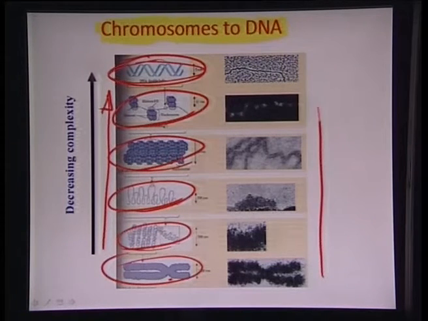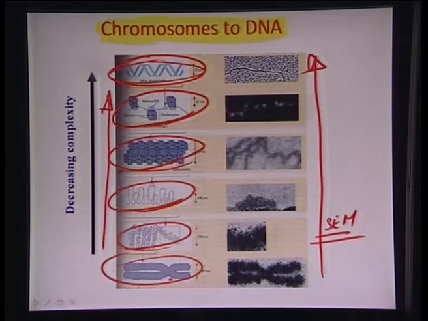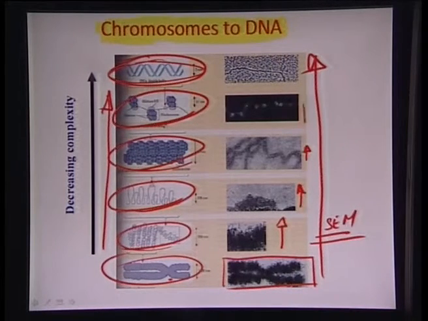This is essentially what really happens. You are using scanning electron micrographs, SEM, to decipher what is going on here. So you have case 1 here, which is really what the chromosome looks like. It is this double Y-shaped structure. You blow it up by increasing the magnification and find out that it slowly goes all the way up to the level of a single DNA, which is pretty much like this.